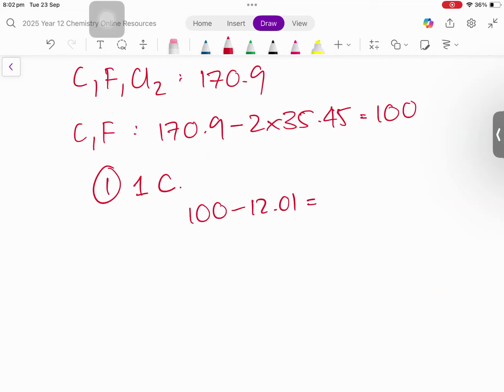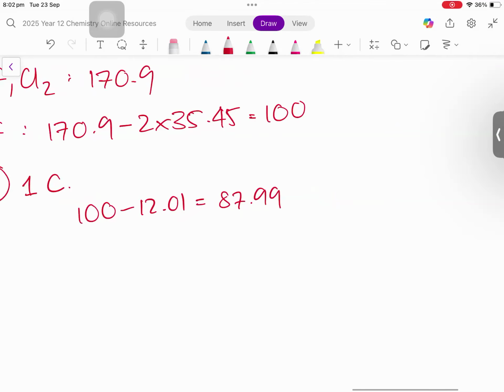So 100 minus 12.01, what's the mass left over for the fluorines if it is one carbon? 87.99, which is for the total number of fluorines. So if there's one carbon, the remaining mass for the fluorines is 87.99.